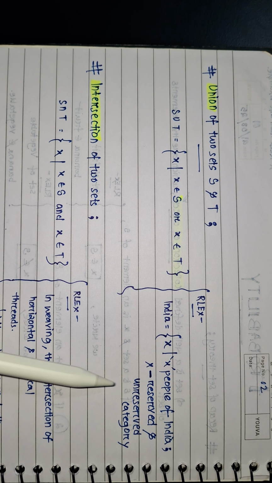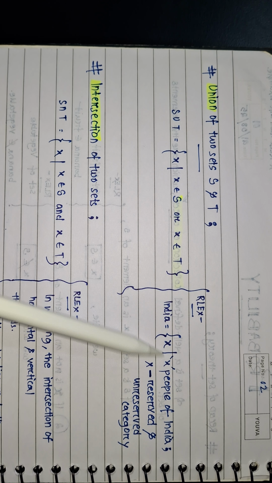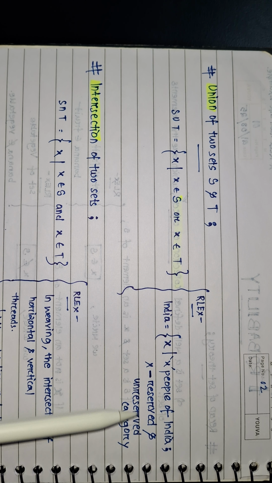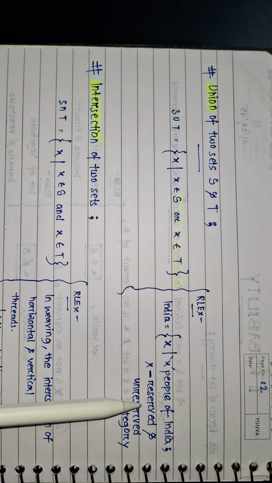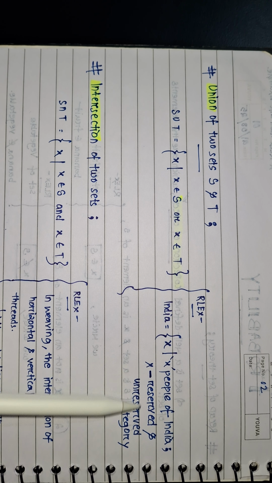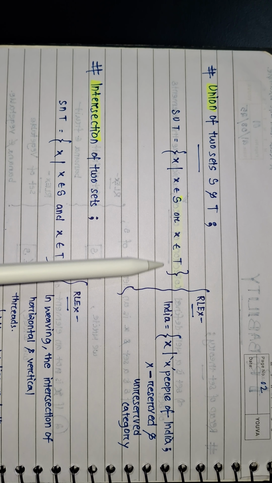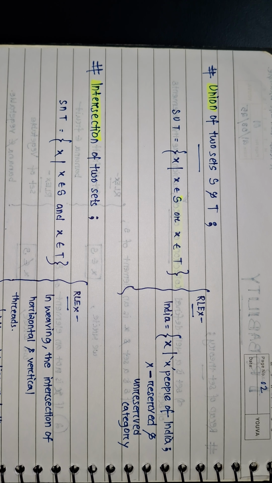This is the union of the sets. The first set is the reserved category, provided as S here, and the unreserved category is written as T here.